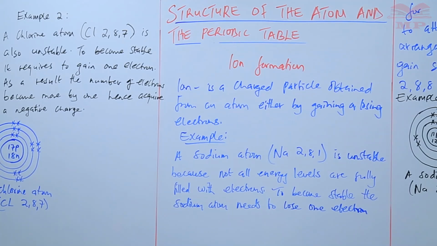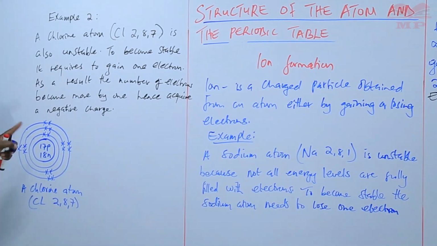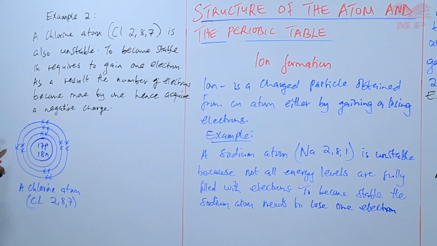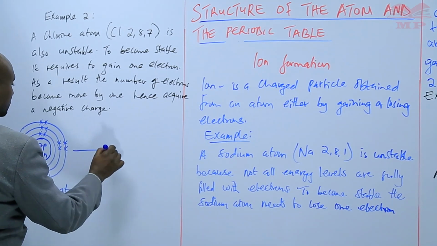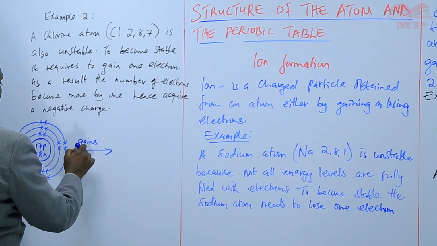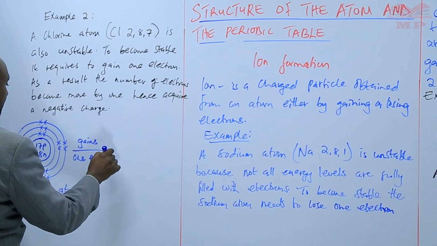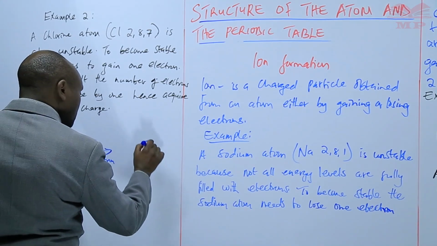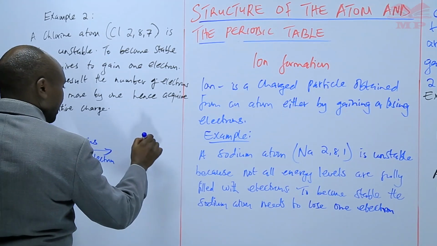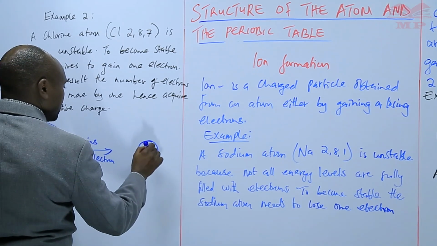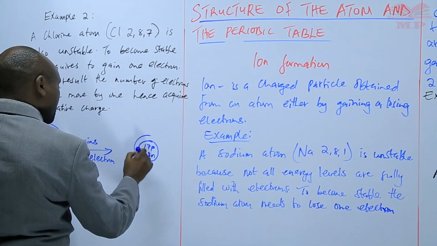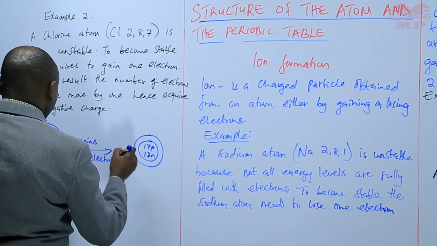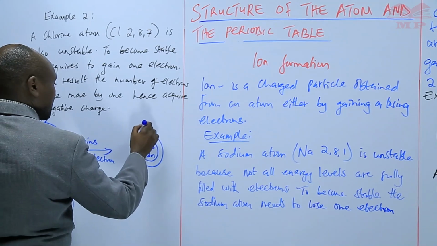So we are saying that this one will gain 1 electron here because this is the energy level that is unstable. It needs 1 more electron. It is not fully occupied, so it gains 1 electron. And once it gains 1 electron, it looks like this. The nucleus remains the same, 17p, 18n. First energy level remains the same.